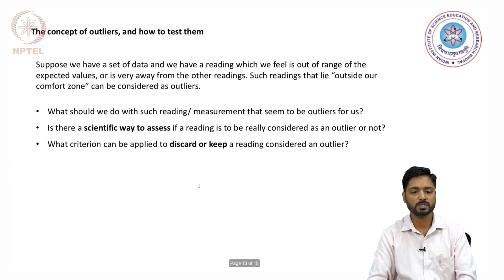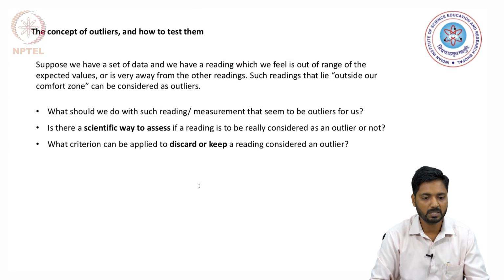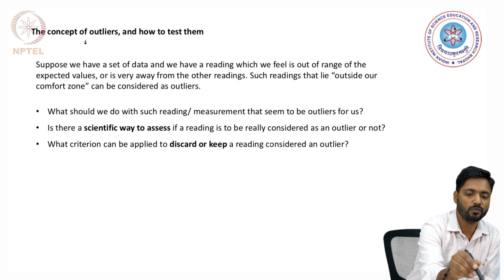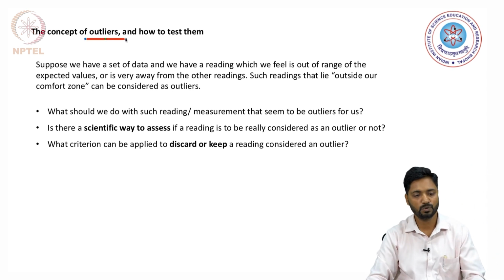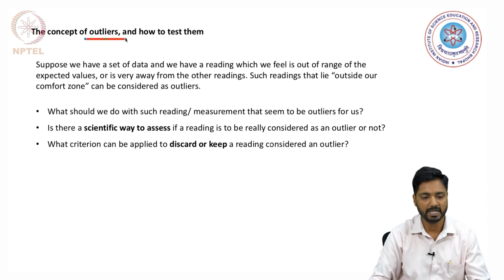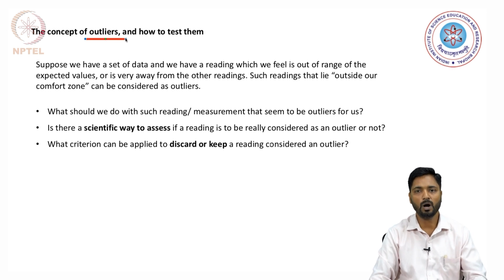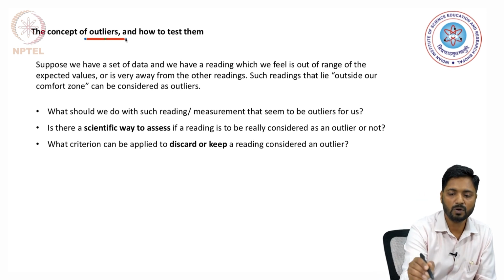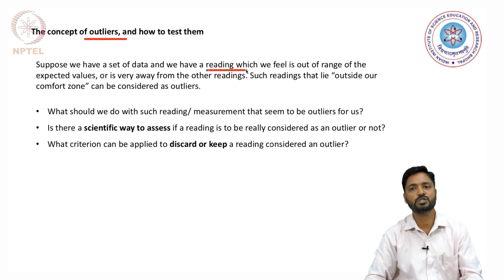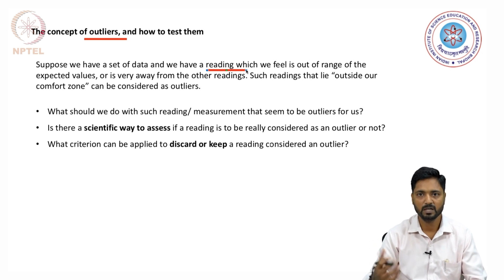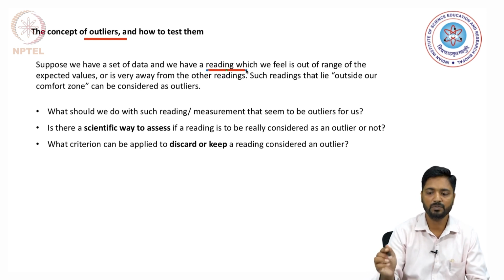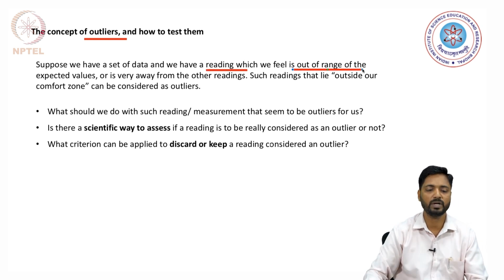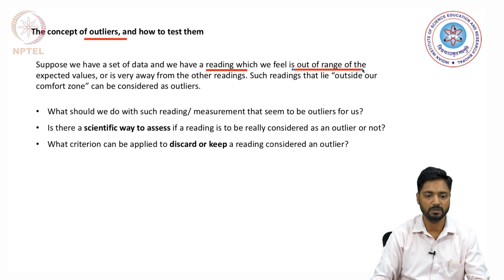Now, towards the last part of this class, let us talk about the concept of outliers and how we test them using statistics. So, how do we define outliers? Outliers are the values or readings which we just feel, based on our experience or our presumptions, are out of range of expected values.